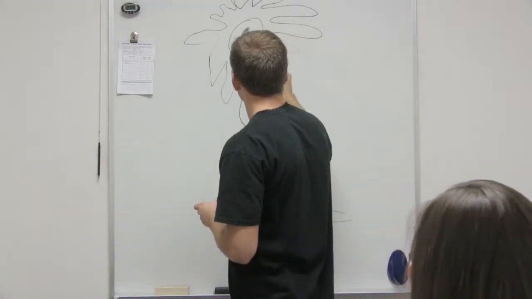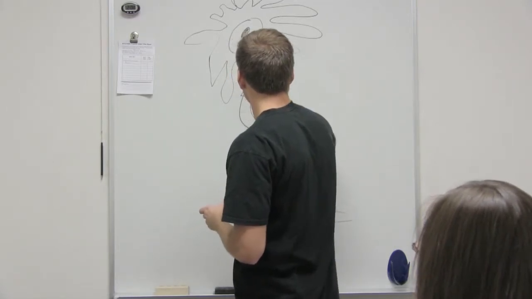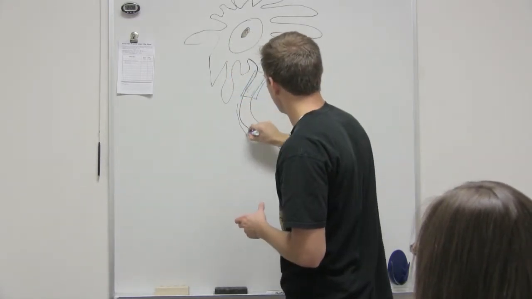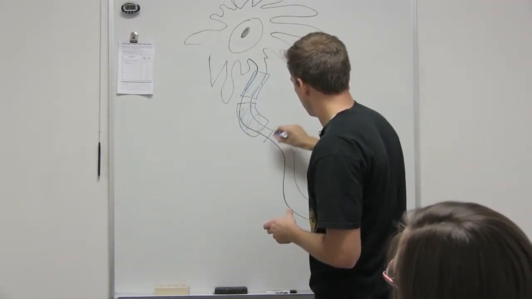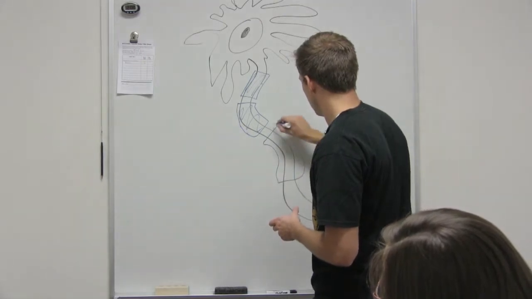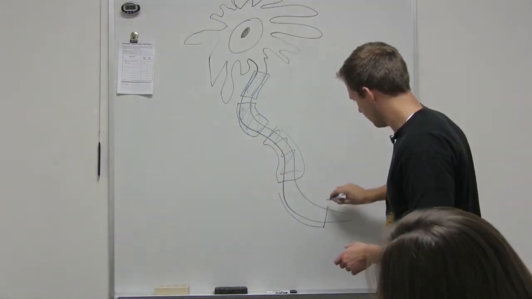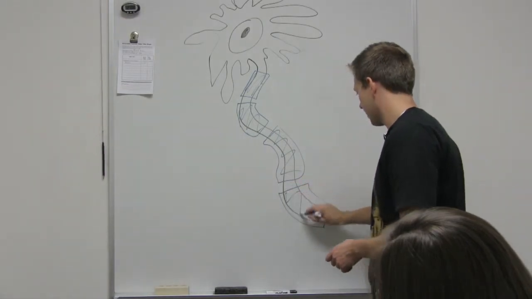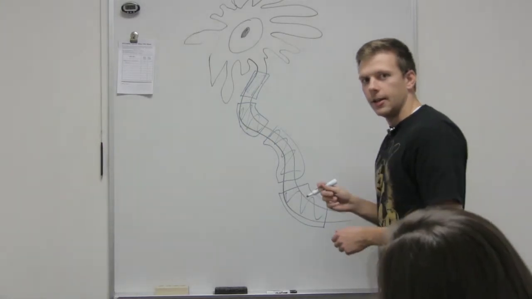So we've got this thing that protects it. The blue is the myelin sheath.